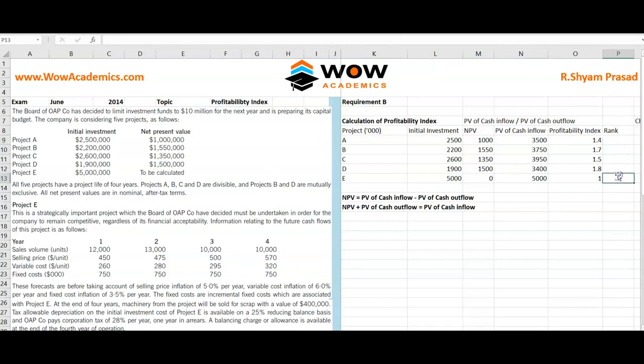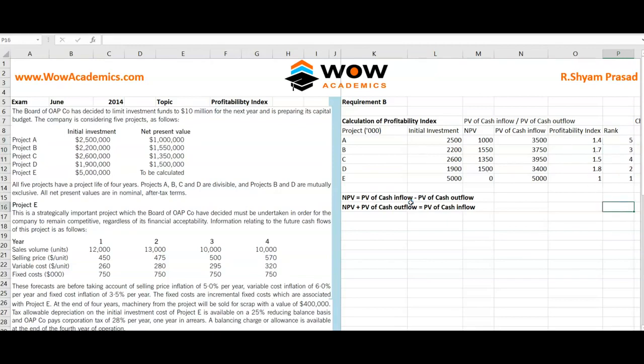So E has to be invested. So rank wise, E becomes number 1, D becomes number 2, B is 3, and C is 4, and A is 5. Okay, so we got the rank also here.